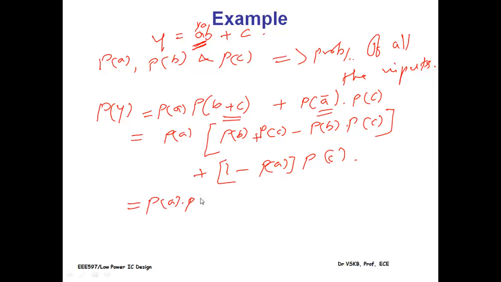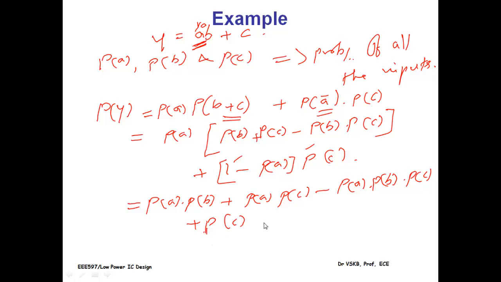P of A P of B plus P of A P of C minus P of A multiplied by P of B multiplied by P of C, plus I have here the P of C minus P of A times P of C. Now I have P of A P of C here with a positive and negative, so it gets cancelled.